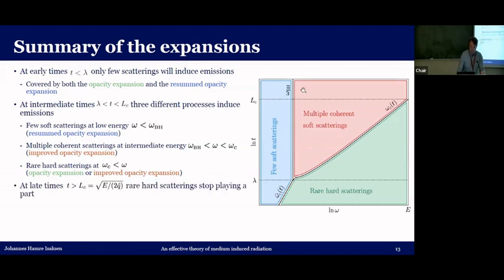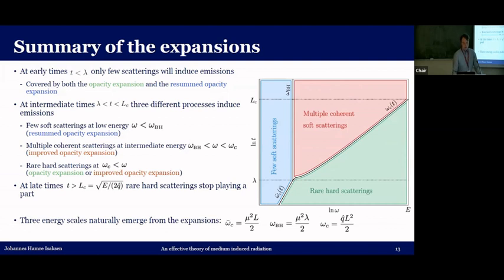At late times, you can see that this green part goes away, and you only have this beta Heitler regime and this harmonic oscillator regime left. And also, naturally from the expansion, when you do these calculations, you get out these energy scales: omega c bar, omega beta Heitler, and omega c. And you can see that these three energy scales divide these regions.